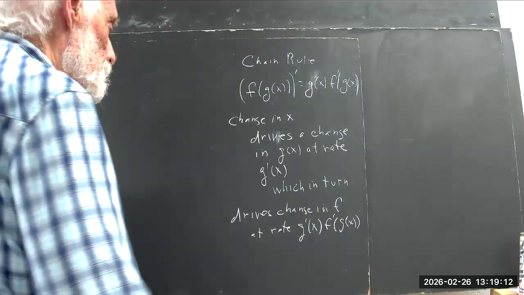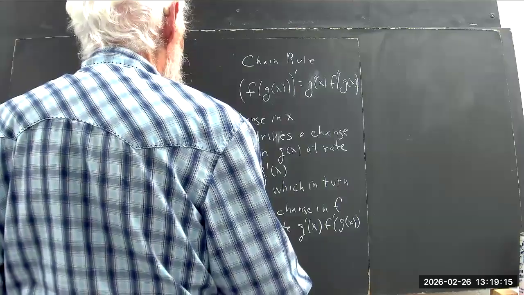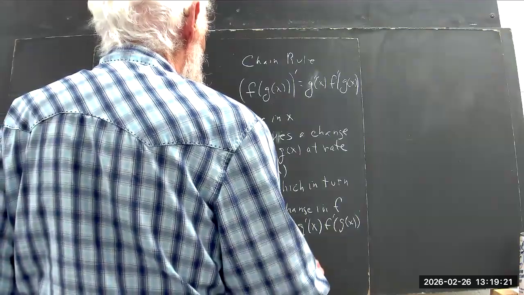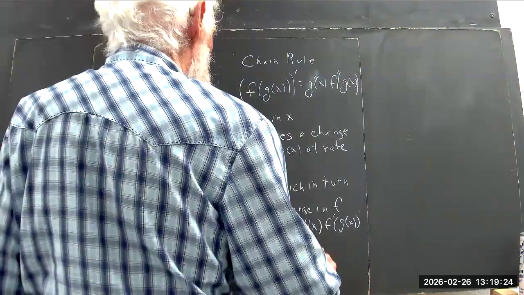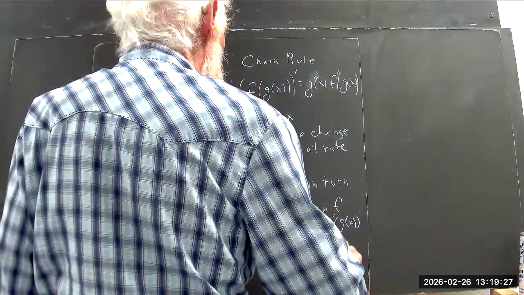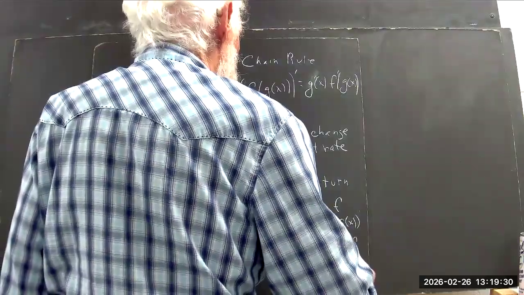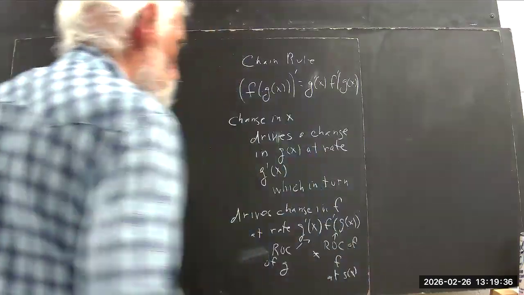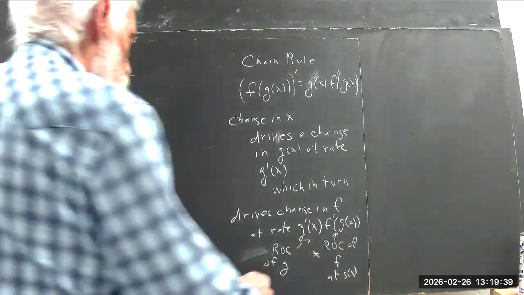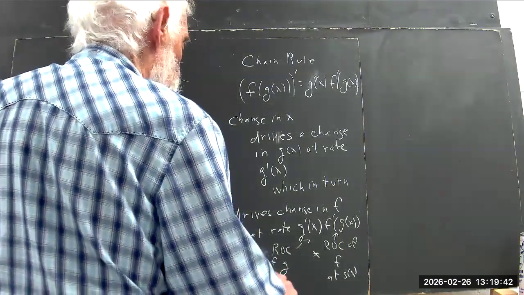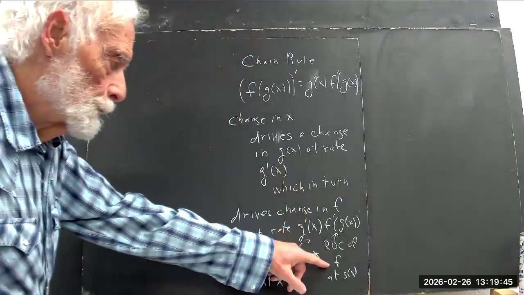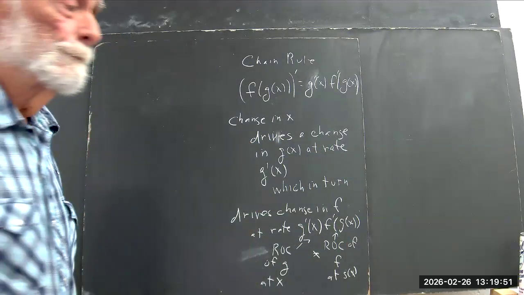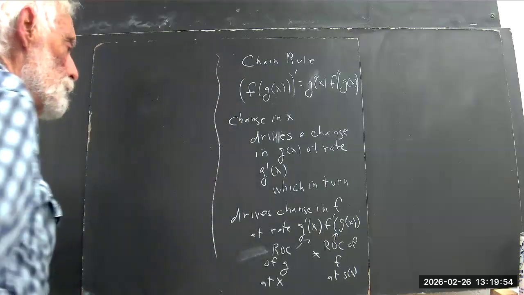Okay? So it's the rate of change of g at x multiplied by the rate of change of F at g of x. Okay, try to keep that idea in mind, but you really need to ponder it.